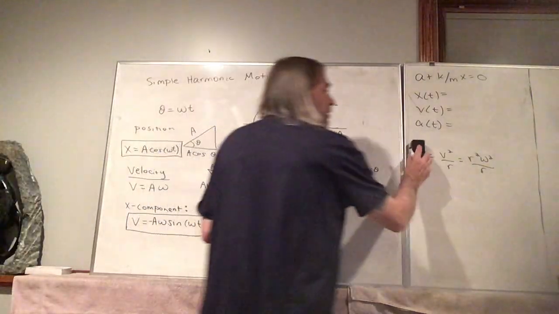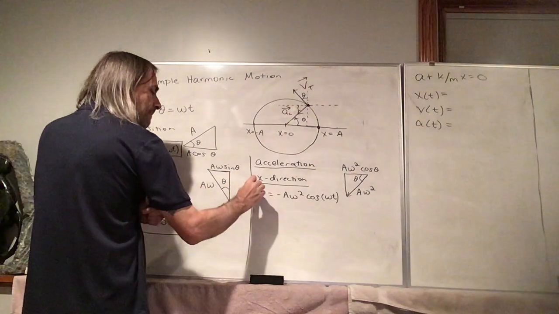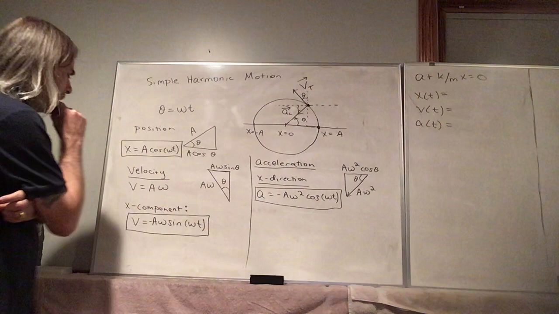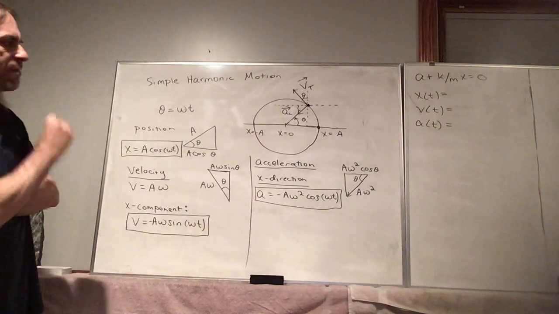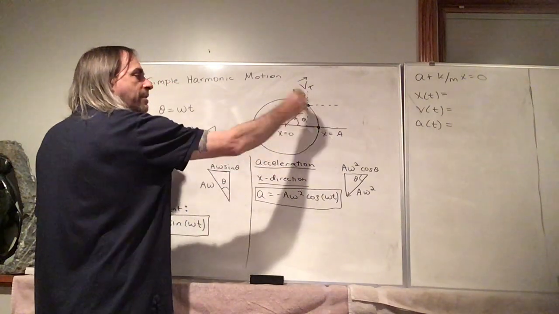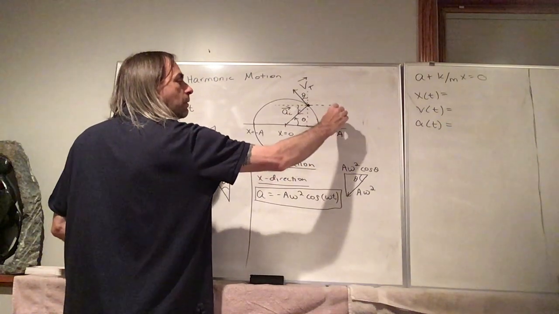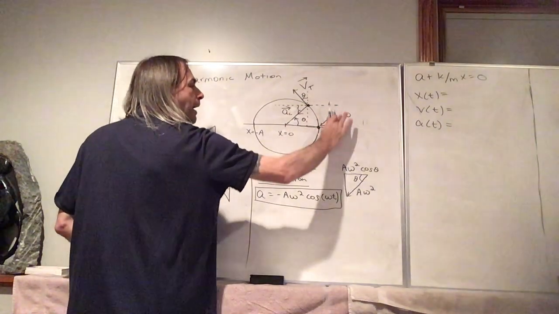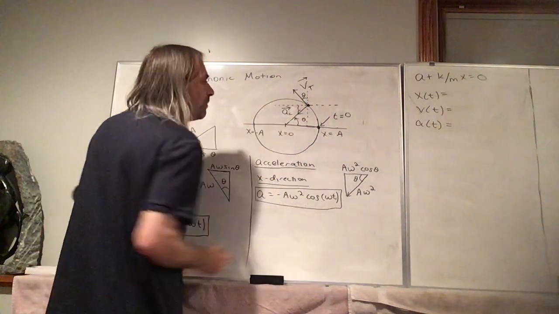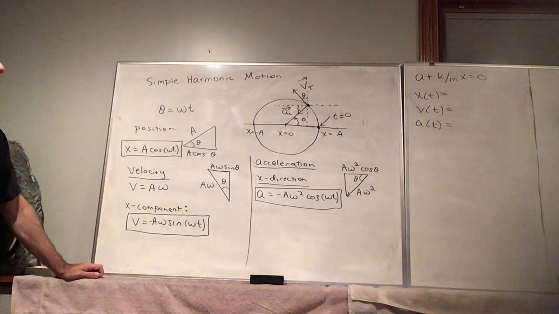So what I want to do is write these down together. I'm going to erase this. See if I can fit this anywhere. So, let's review what we've done. We're looking at this point that's just circling around. At t equals 0, we are at x equals a, and then we're circling around, and basically what we're doing is looking at the projection onto the x-axis.